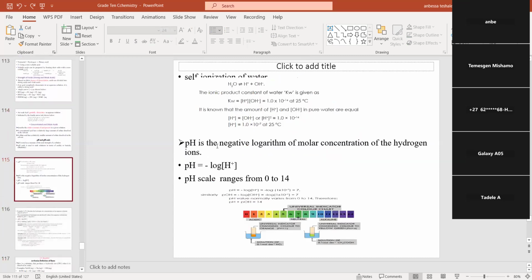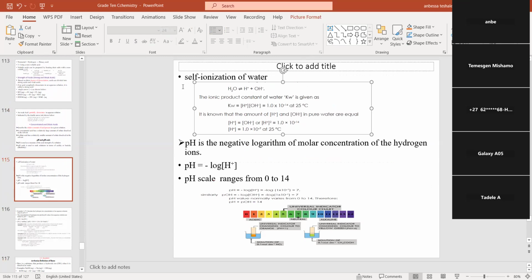Okay, so how we find the pH scale? The pH scale can be calculated by using autoionization of water. It means water dissociated to give hydrogen plus hydroxide.